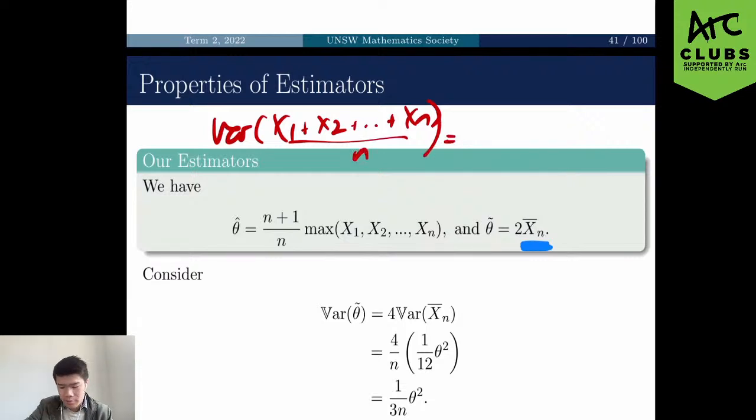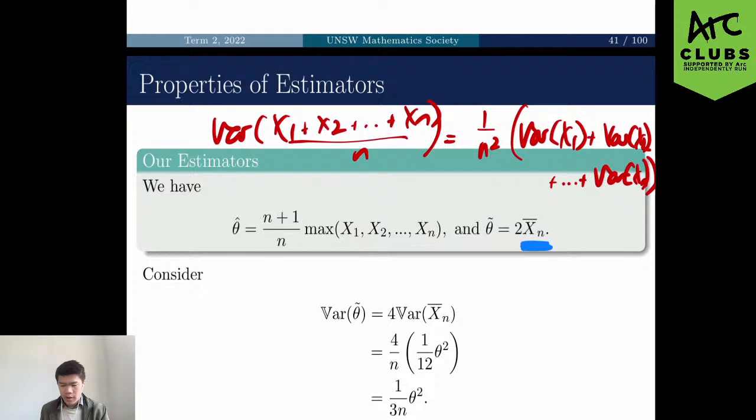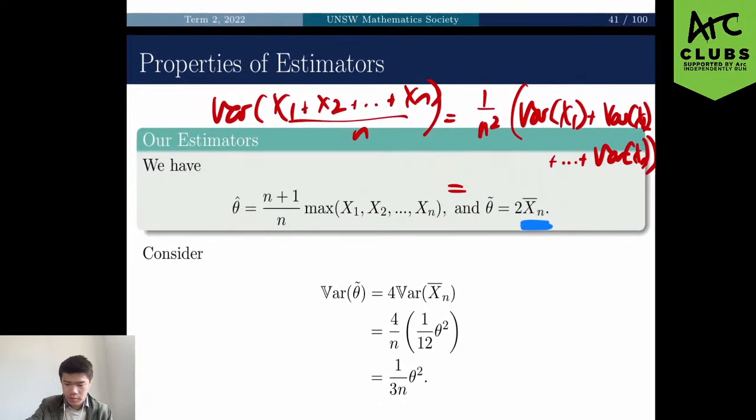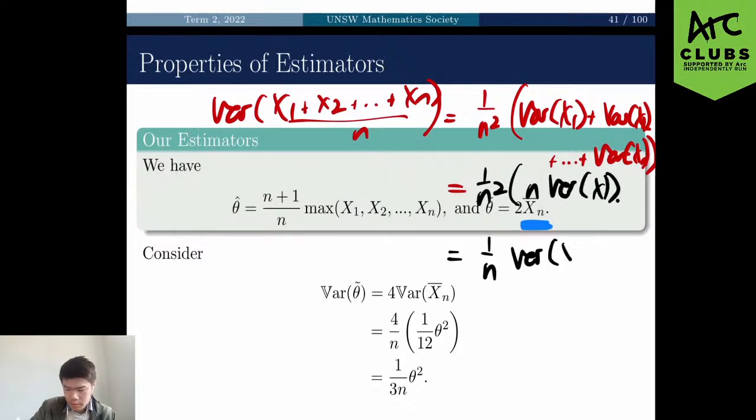You can take the n out, and you get 1 on n squared, and then you can replace the variance of the sum with the sum of the variances. And that means the variance is going to be 1 on n squared times n times the variance of just 1. And that cancels out to be 1 on n times the variance.